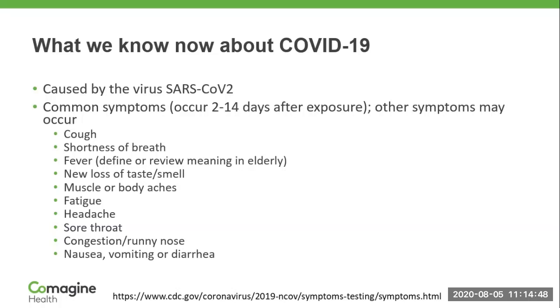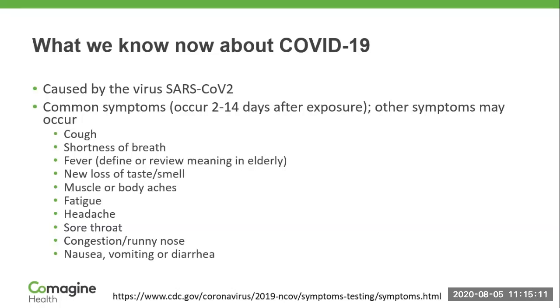And these occur between 2 to 14 days after exposure. So many of you already knew that, which is great. And this is called the incubation period, between when you're exposed and when you actually show symptoms. As you can see, initially, if you remember, it was cough, shortness of breath, fever, and we now have quite a series of new symptoms.